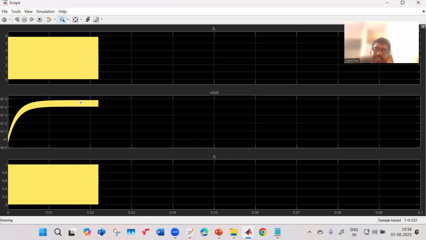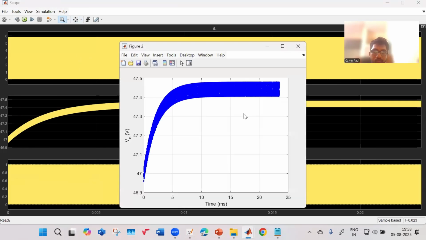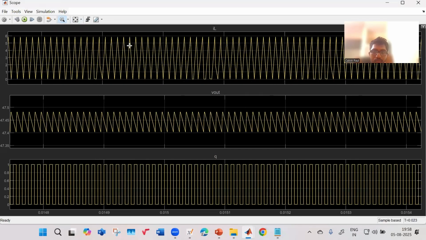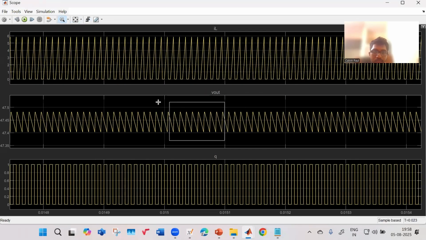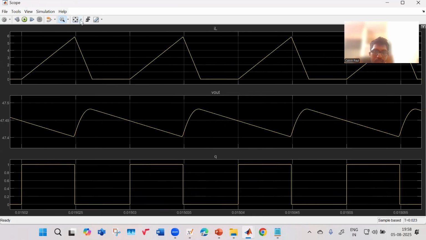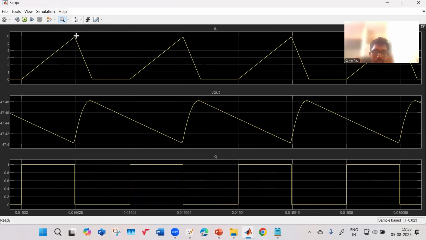Okay, and why has this happened? Let us check. What has happened is the duty has become less than 50%. Earlier we know for a boost converter from 12 to 48 volt, the duty should be 0.75.